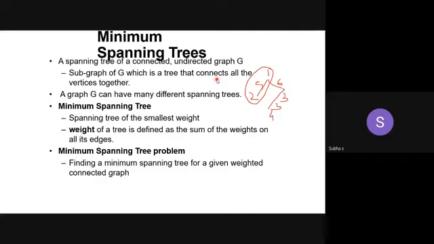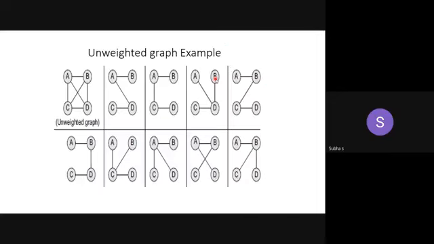There should not be any disconnection between any of the vertices. Then only it can be called a spanning tree. So we can have many different spanning trees. This is the example. From A, I have connected to B. Then I come back to A, then D, C. From A, I am connecting B, then come back to A, then C and D.